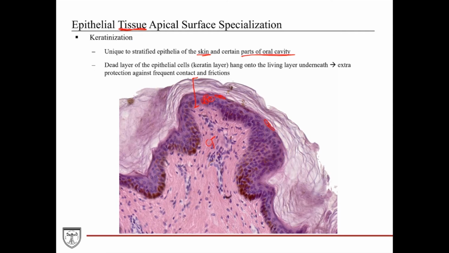But beyond that, we have a layer of this kind of wispy, laminated appearing eosinophilic lines. These are all dead epithelial cells that are hanging onto the living cells underneath. And of course, from the apical-most surface, some of these dead cells will start to flake off by thousands in a day.